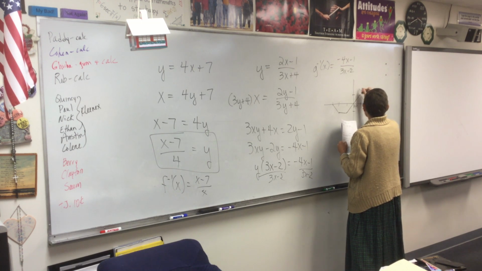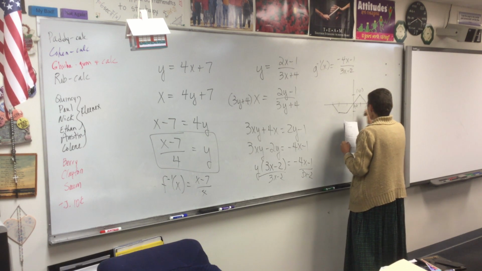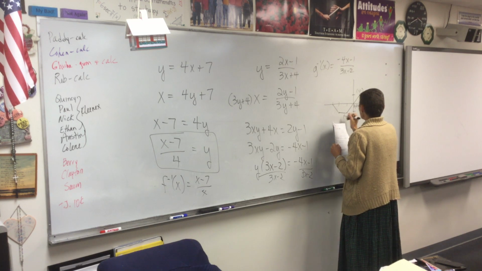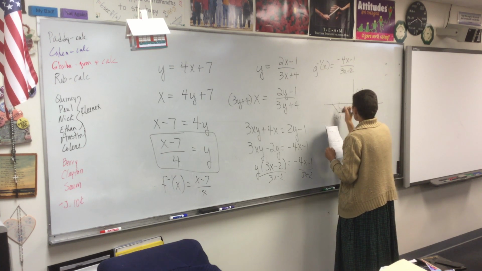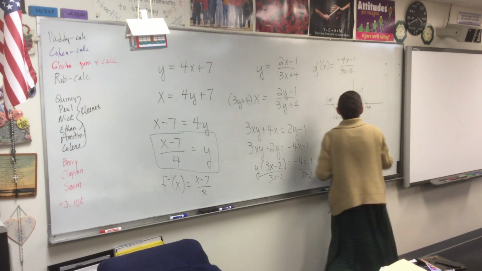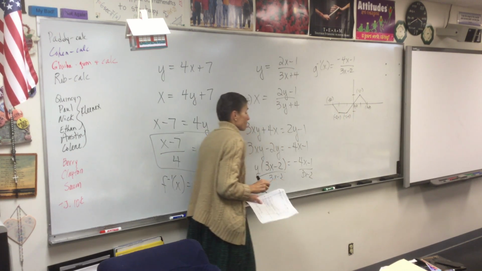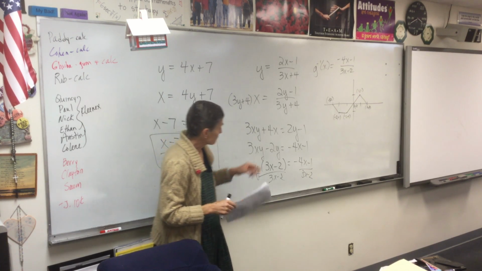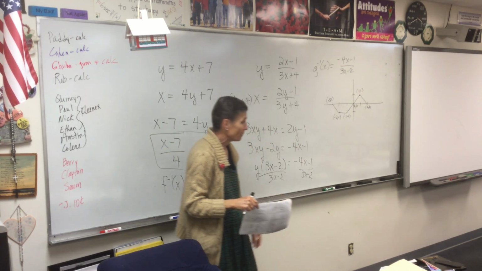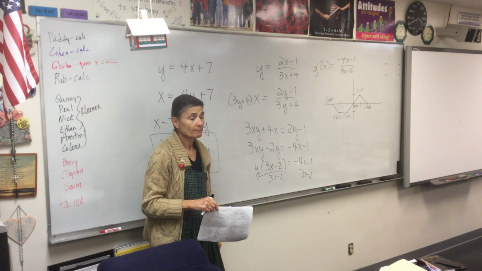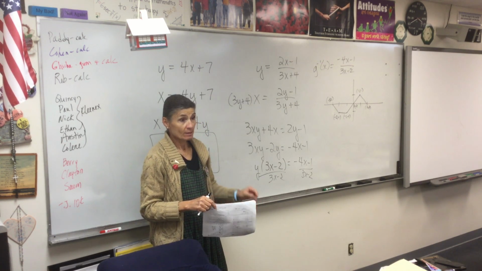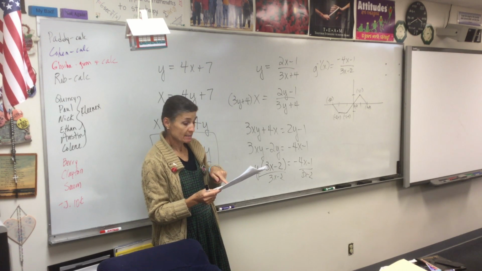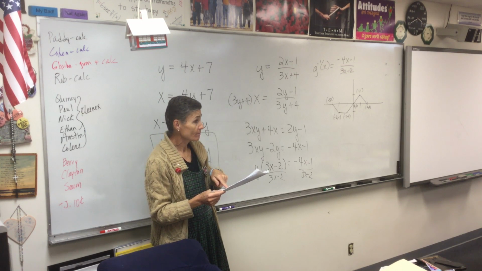Now, I am going through right now and labeling all of my ordered pairs that are on the original picture. That's just the original picture that I drew there. And I've just labeled the ordered pairs. Why have I done that? Because I'm getting ready to sketch the inverse.